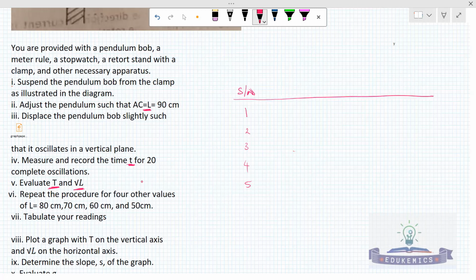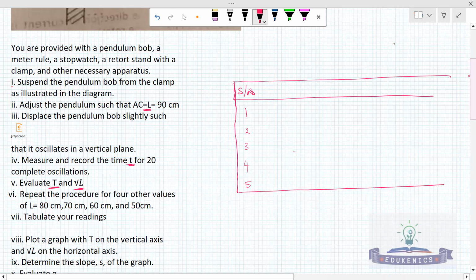So mostly the first row, where you have the table headings, this is the general form of how the table should look.